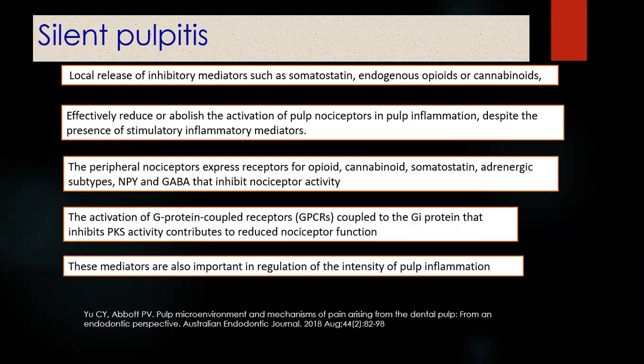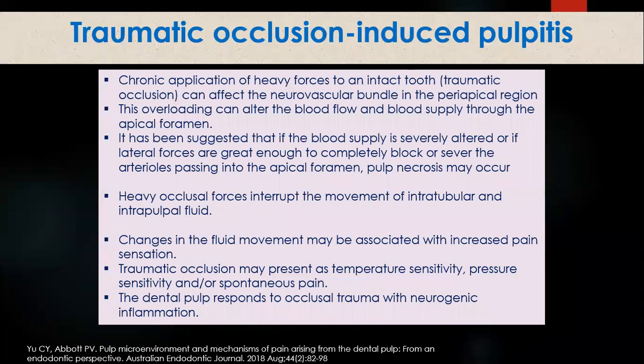This is due to some of the inhibitory neuromediators such as somatostatins and endogenous opioids, which activate the GABA receptors, and these GABA receptors are responsible for the inhibition of the nociceptor A-beta activities, and this reduces the pain. It inhibits the pain pathways and gives us the symptoms of silent pulpitis. Next, sometimes we have heavy occlusal forces.